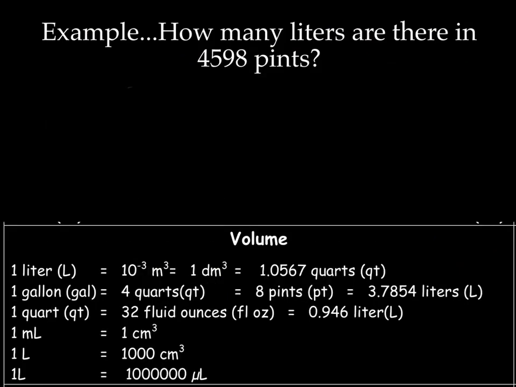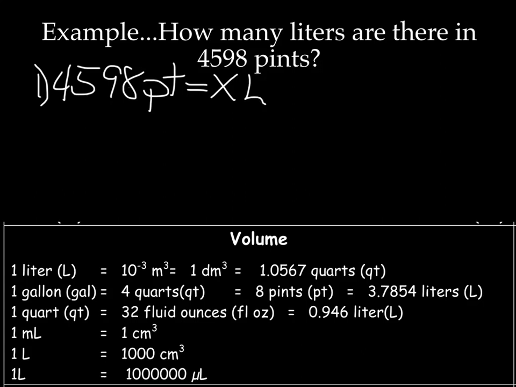Okay, let's try another practice problem together. So our example, how many liters are there in 4,598 pints? All right, so the first thing we do is rewrite this as a math problem. So our known is 4,598 pints, and we're trying to find out what that is in liters.